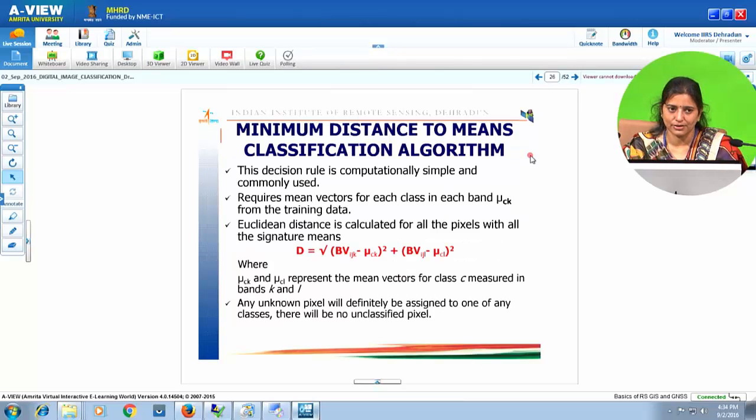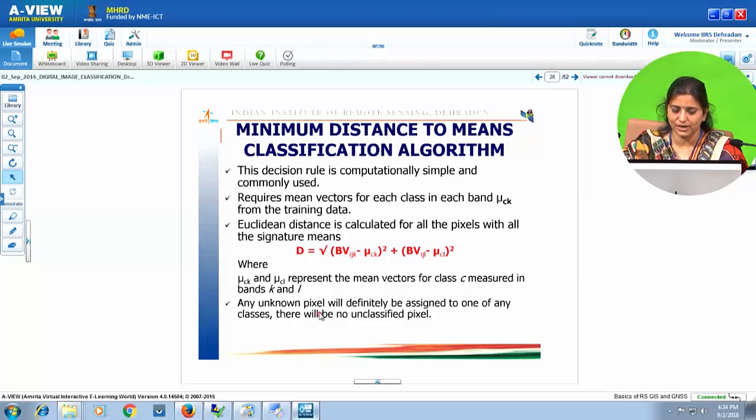The next algorithm of supervised classification is the minimum distance to means classification algorithm. This decision rule is computationally simple and commonly used. It requires mean vectors of each class in each band from the training data. Euclidean distance is calculated for all the pixels with the signature mean.